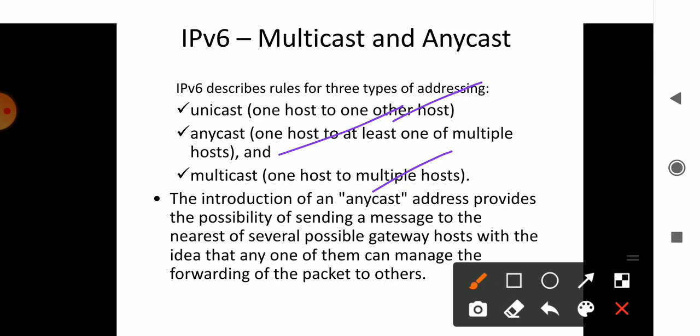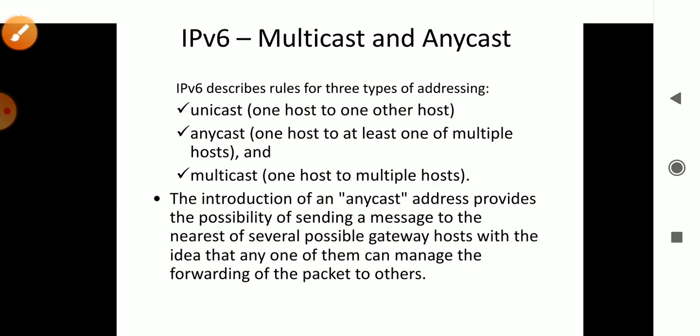Unicast is one to one, anycast is one host to multiple destinations, whereas multicast is one host to multiple destinations.